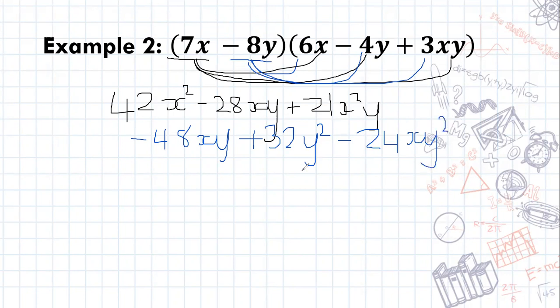Are we finished yet? No. Now we need to go and look for terms that are like terms. So we've got 42x squared, and if I go and look, there are no other x squareds. Here you have x squared, but it's attached to y, so that is not the same. So we can just write it down as 42x squared.